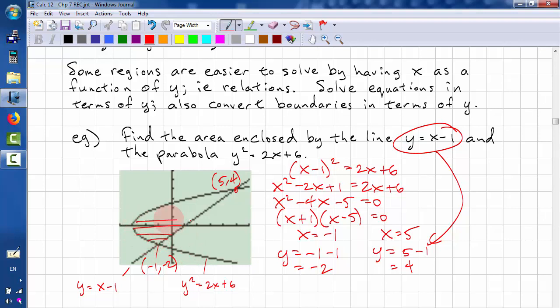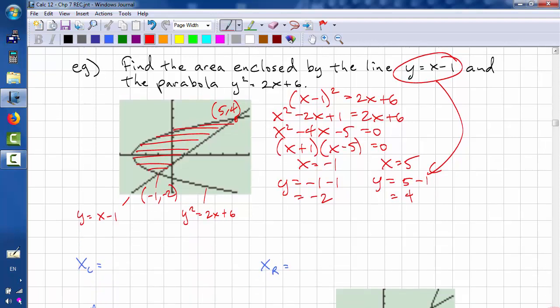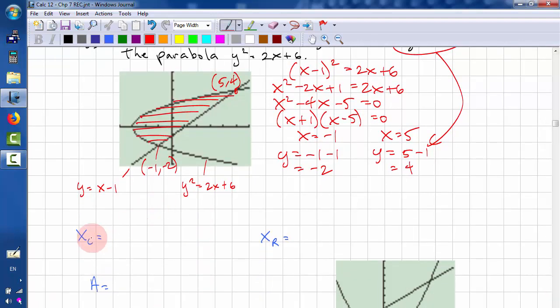If we integrate in this direction, this is a single integral. So x left, that's this one. We have y squared minus 6 over 2. All I'm doing is algebra on this. And x right, we have y plus 1, and I'm doing algebra on that.